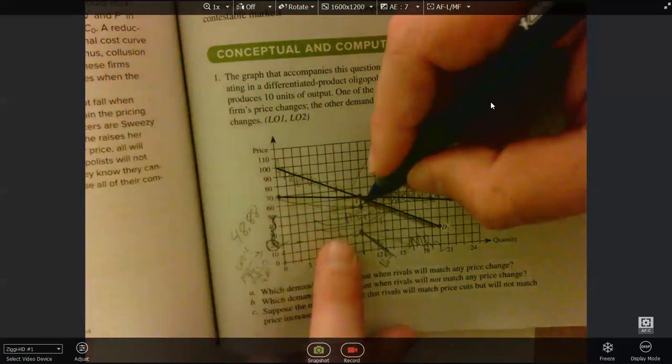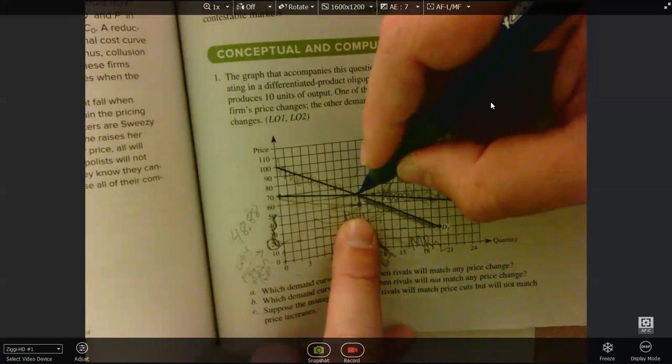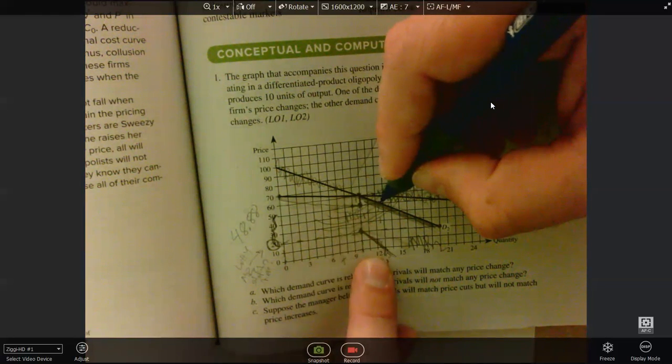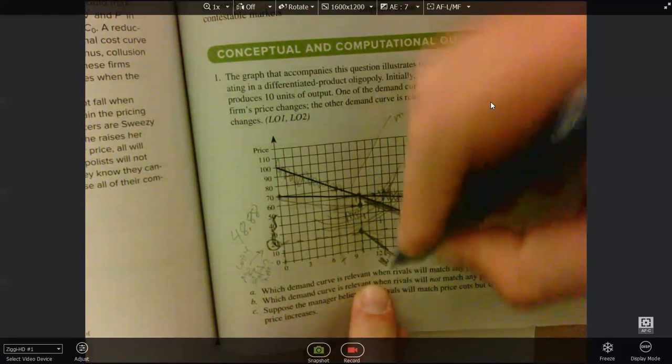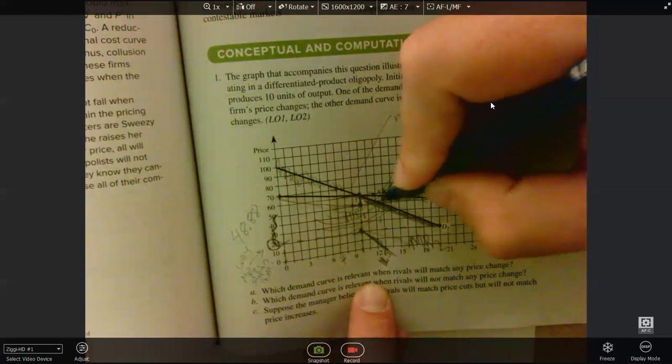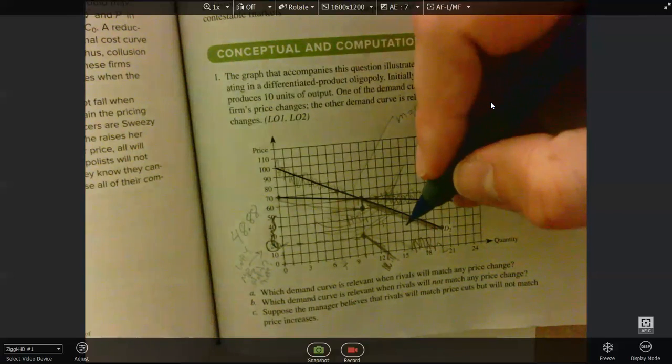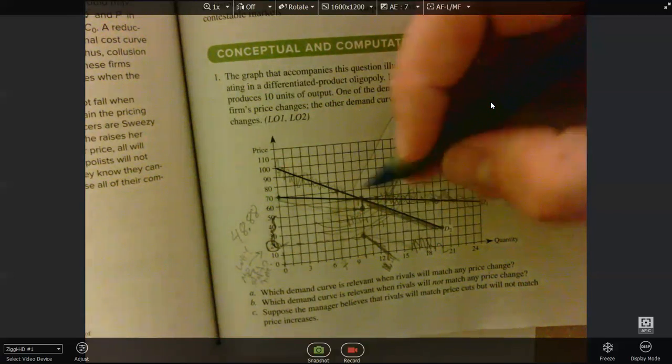In fact, if we decrease the price from 60 to 50, then we end up right over here, and we end up with that 12.5 amount. So what's 12.5 times 50? That's 575, right?